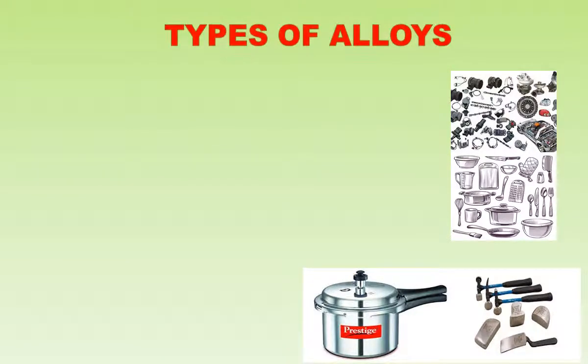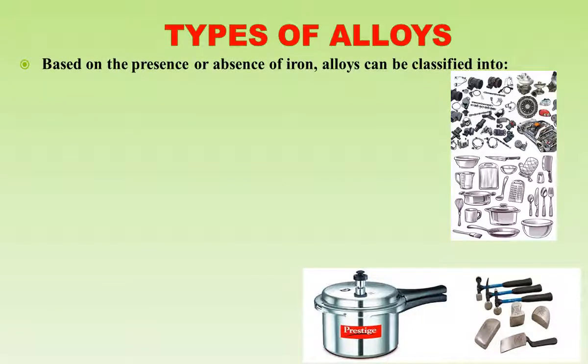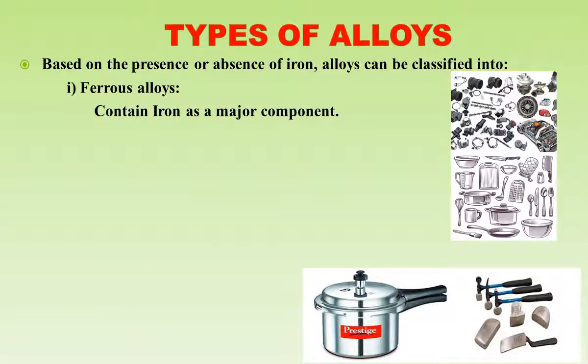Types of alloys: based on the presence or absence of iron, alloys can be classified into ferrous alloys and non-ferrous alloys. Ferrous alloys have iron as the major component. In many components, equipment and devices, iron is the major component.